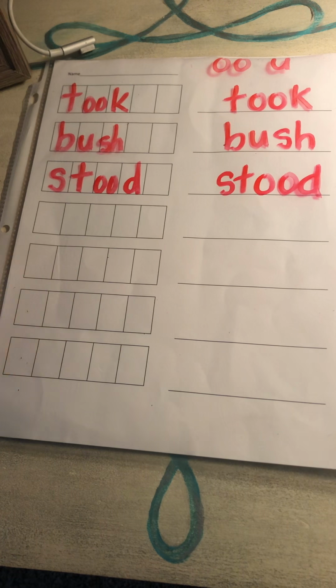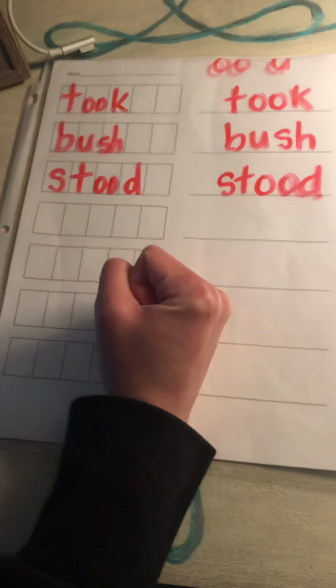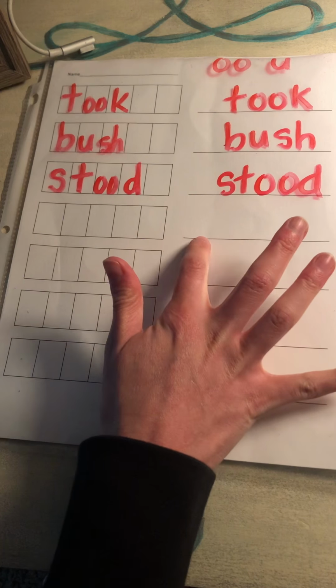And the last one. You're going to do this one on your own. And the word is good. Good. So make sure you're pounding and tapping those sounds and writing them in your boxes. All right, let's go over it. Good. G, d.